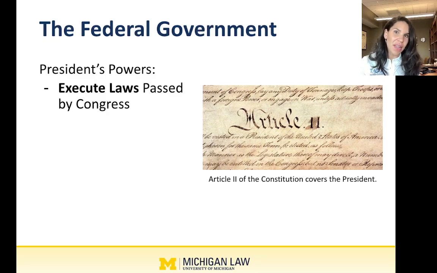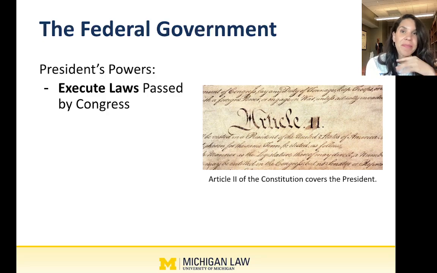And there's actually a lot of power within that execution power. To determine how something is executed is very subjective. And some presidents actually believe that the power to execute also means the power not to execute. So Congress may pass the law, but the president doesn't do anything to execute it. An example of this would be our federal laws on marijuana.